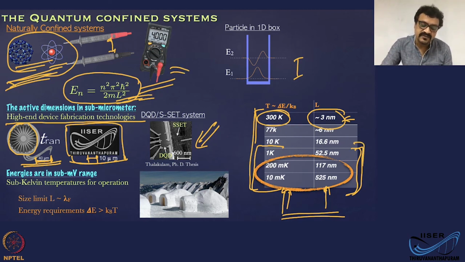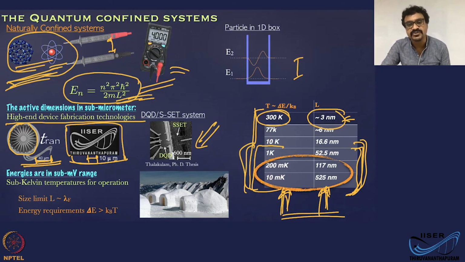You want to be somewhere in this range to see the effect of quantum confinement. What that means is you need to be in this temperature range. That naturally tells you, one, you need low temperature. That means you need cryogenics. And second, you need fabrication tools which allow you to reach dimensions of hundreds of nanometers down to tens of nanometers. Okay.